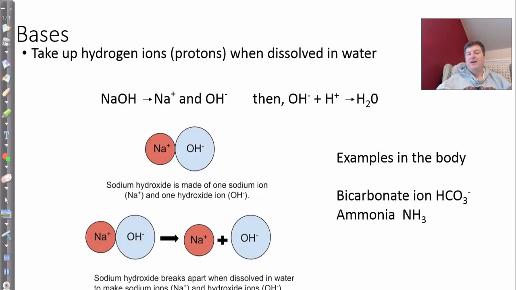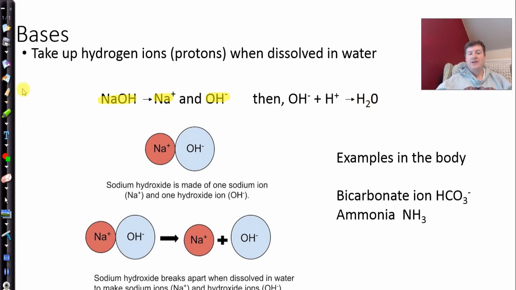Bases do the opposite. They do not release protons, they take them up. Sodium hydroxide, NaOH, when you put NaOH in water, forms two things: sodium ions and hydroxide ions, OH negative. The OH negative, when these are around, is going to soak up any of the hydrogen ions and therefore form water, and that makes it a base.